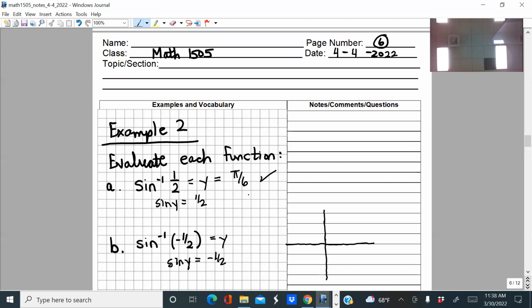Yeah, the reference angle has to be pi over 6 again, right? Since the sine is minus 1/2, your angle is going to have something to do with pi over 6, correct? But you've got to get in the right quadrant, because you want negative. Where is sine negative? It's negative in the third and fourth quadrant, right?